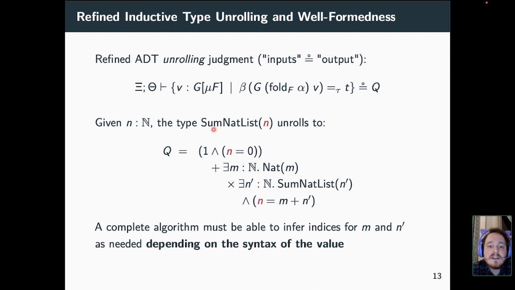So if we were to feed in the type of nat lists that sum up to n into this judgment, then it would output the following type, which basically says the nil case sums up to 0, and a cons cell sums up to n, where m is the head element and n prime is the sum of the tail list. So depending on the syntax of the value, a complete algorithm has to be able to solve m and n prime. Like, for example, if it's a cons cell.